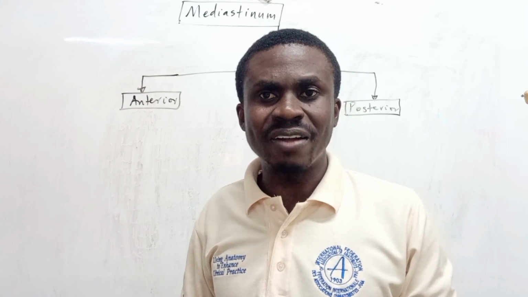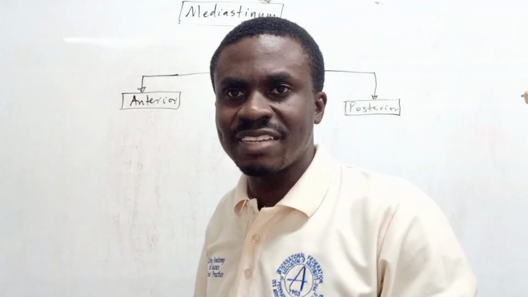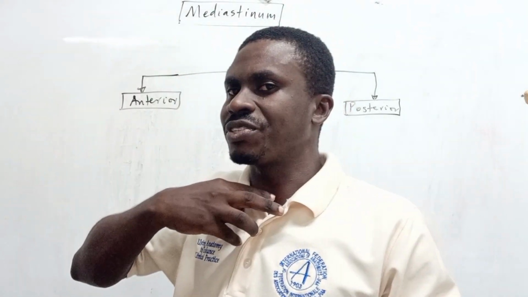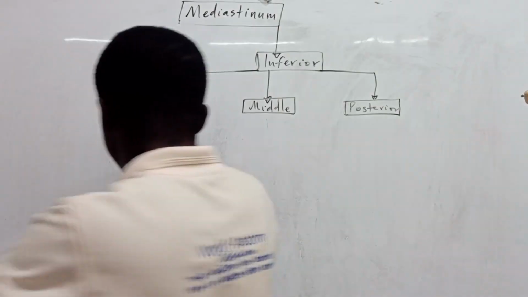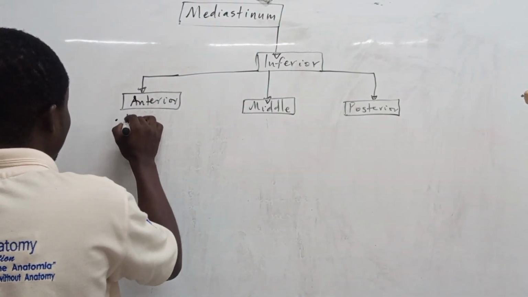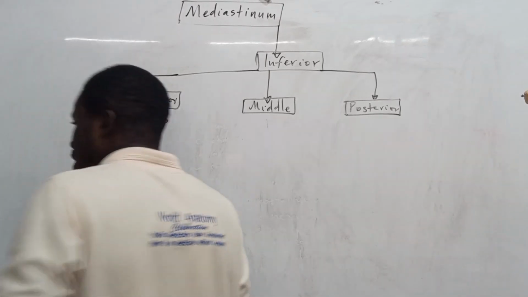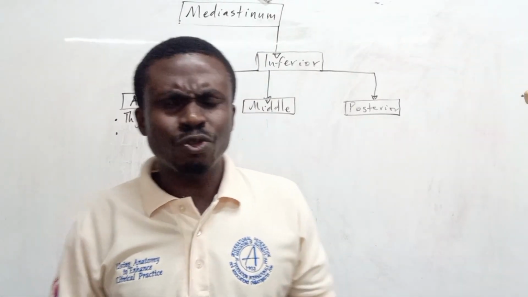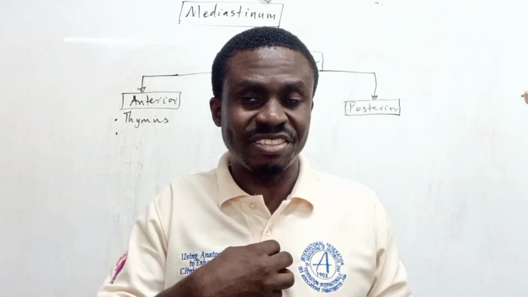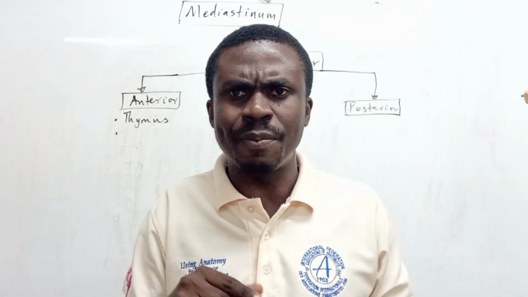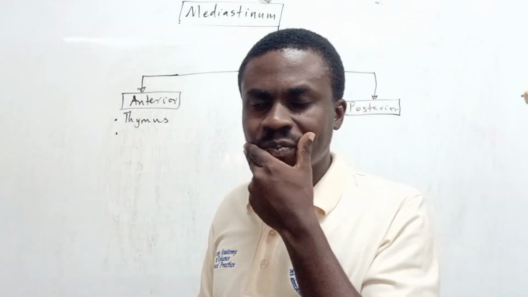To talk about the contents over here, the first thing I want you to understand is that the thymus doesn't end in the superior mediastinum. Also, we find it in the anterior mediastinum; it goes downwards over there. So even the thymus or its remains will be there. And then there's also this kind of ligament, usually about 2 of these ligaments, which attaches the body of the sternum to the anterior aspect of this fibrous pericardium.